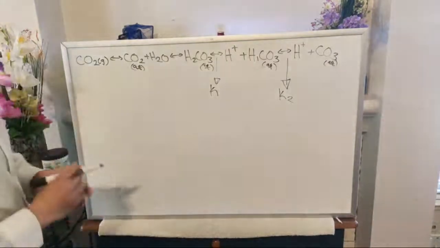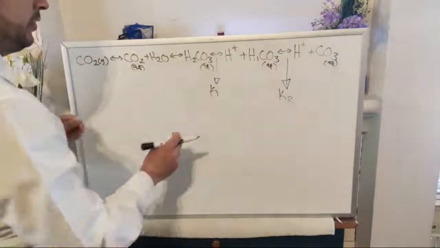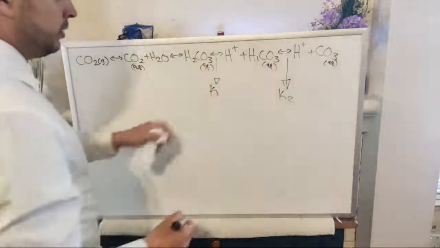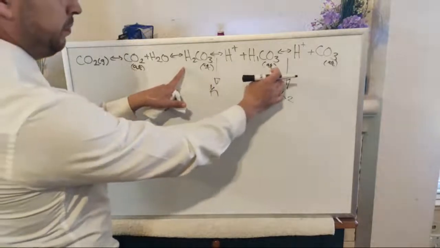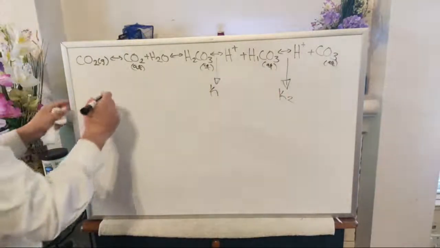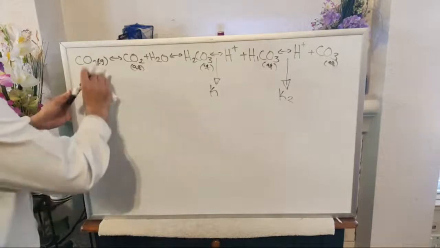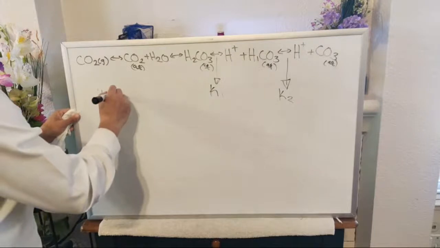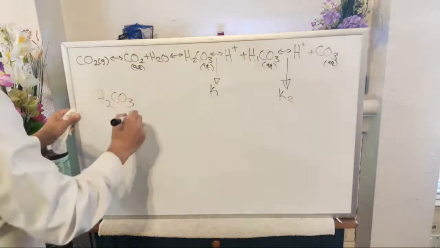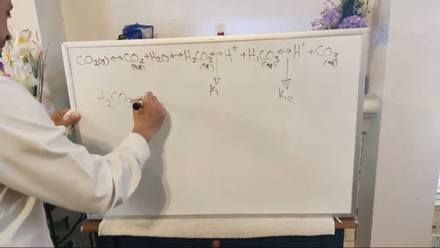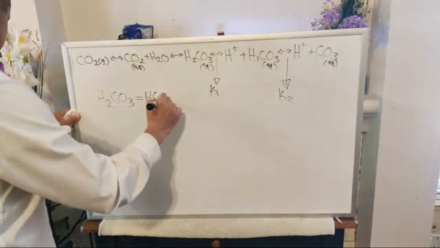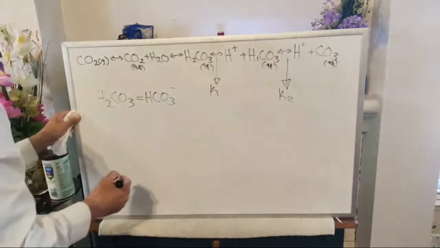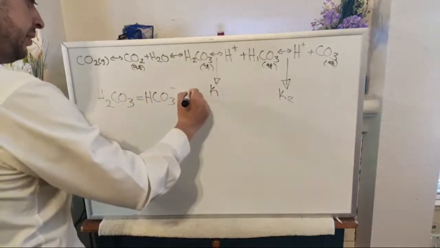Alright, so when you calculate the pH of the water or the concentrations of different species, this is K1. So we're gonna take this reaction right here, which is H2CO3 is equal to HCO3 minus, I forgot to put minuses, but alright, plus H plus.